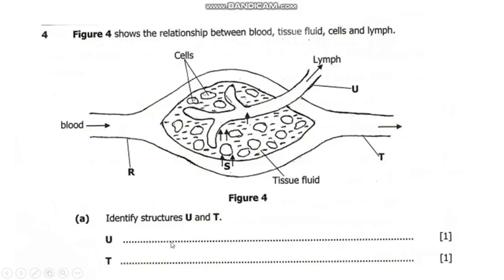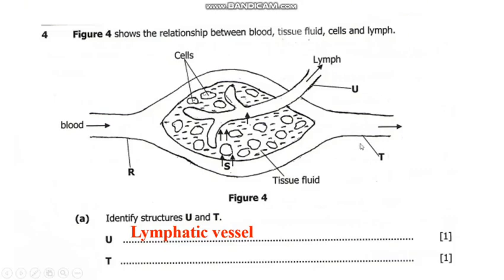So to identify the structure labeled U, this structure labeled U is called the lymphatic vessel. The lymphatic vessel is a vessel that contains valves that helps to transport lymph.